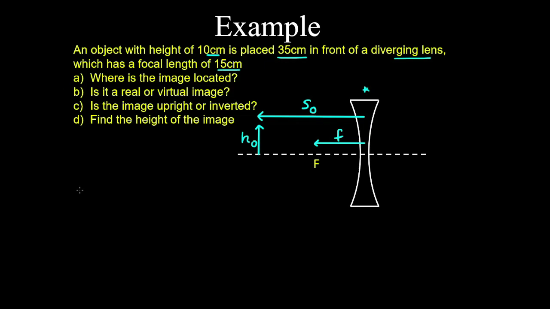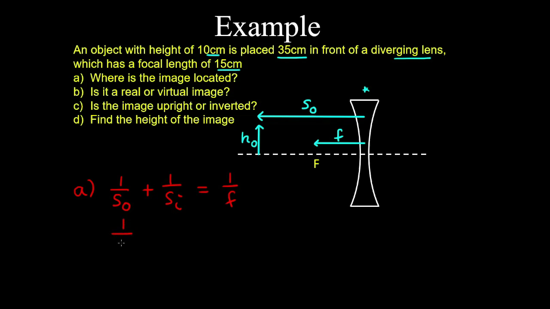Now in part A, we're asked where the image is located. So using the thin lens equation, we have 1 over the distance to the object plus 1 over the distance to the image is equal to the reciprocal of the focal length.